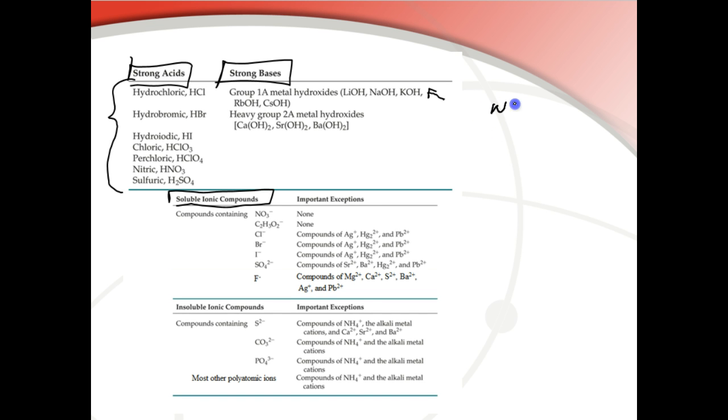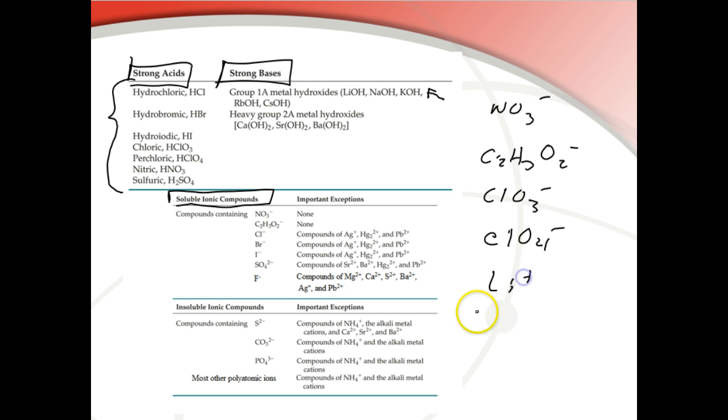Those are nitrate, acetate, chlorate, perchlorate, and then the positive ions, lithium, sodium, potassium, and ammonium. If those are present in the ionic compound, the compound is said to be soluble. You can see some of the other ones down here.